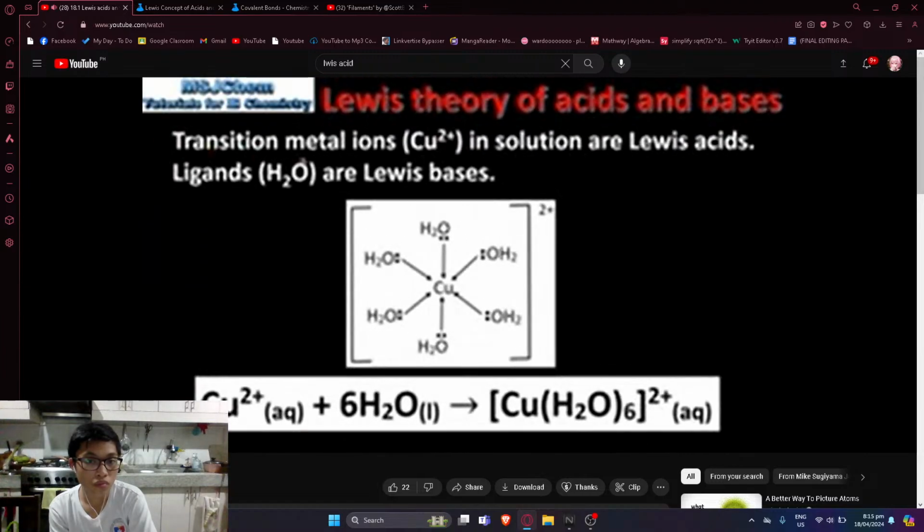Transition metal ions, such as the copper 2+ ion in solution, are Lewis acids. Ligands, such as H2O, are Lewis bases. Here we have an example of a complex ion formed from a copper 2+ ion and 6 water molecules, which are known as ligands.